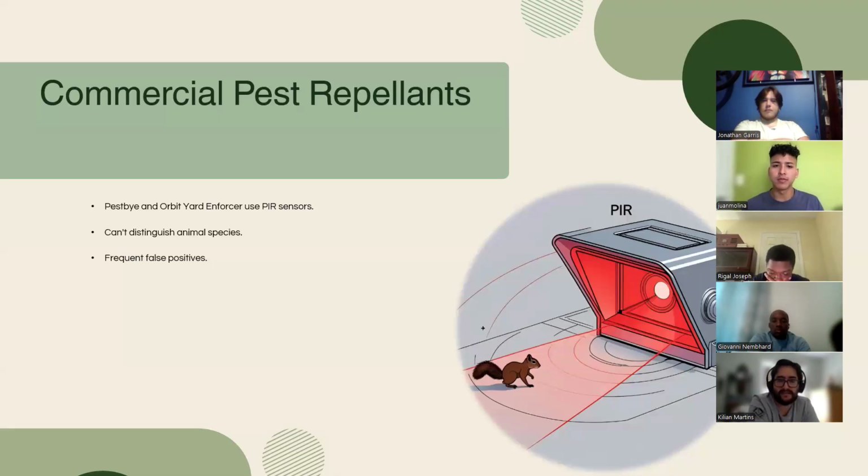It only detects motion. It doesn't detect specific animals, on one hand. And also, when using water, the product does tend to leak, according to research. So there are definitely some cons that we're trying to alleviate with our system.